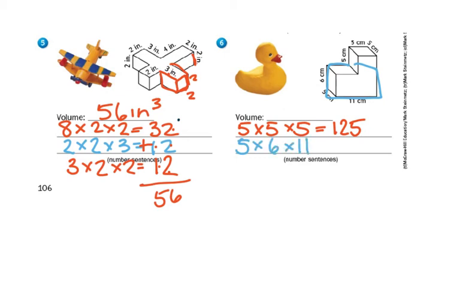So on your calculator, please take 5 times 6 times 11, which is 330. Go ahead and add those two together. And you get 455 centimeters cubed.